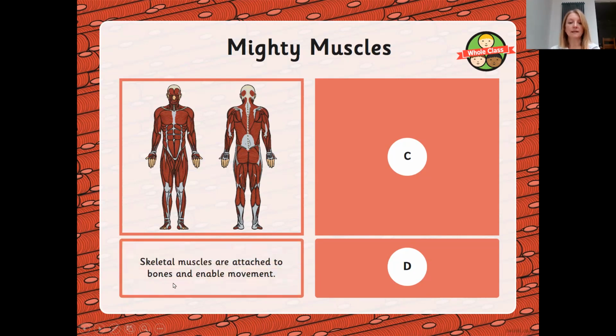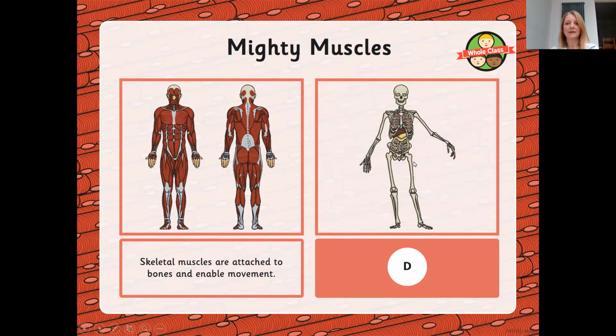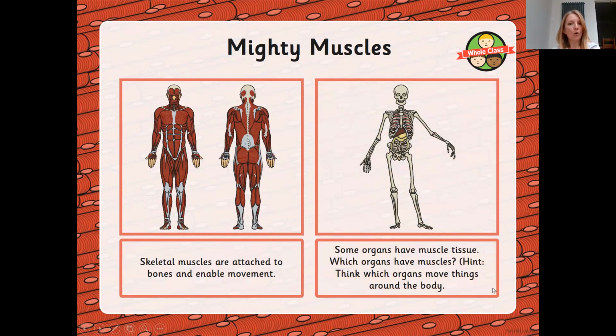So skeletal muscles are attached to the bones and enable movement. These muscles are actually attached, they are joined to your bones. That's what you look like underneath, and the muscles are on top and attached to the bones of your skeleton. Some organs in your body have muscle tissue in them.